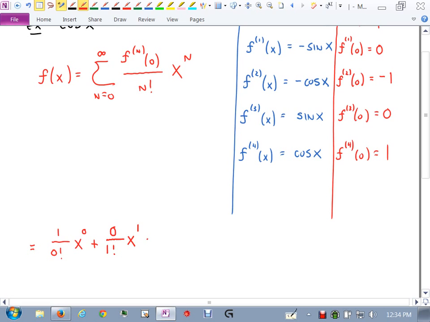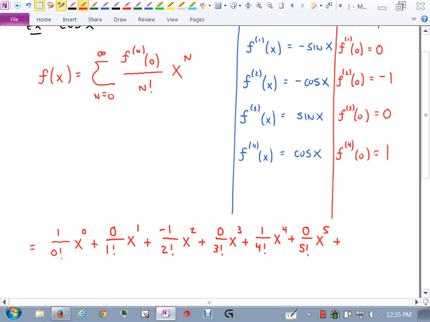Then we go to the next one, which will be plus, what's the second derivative? Negative 1 over 2 factorial x to the second. Plus, what's going to happen here? 0 over 3 factorial x to the third. Plus, now the cycle repeats itself, right? So 1 over 4 factorial x to the fourth, plus 0 over 5 factorial x to the fifth.